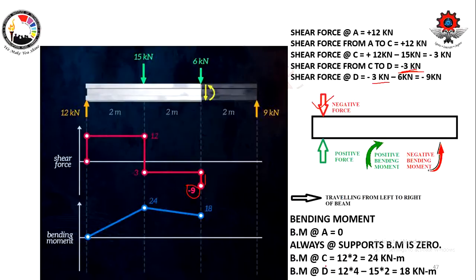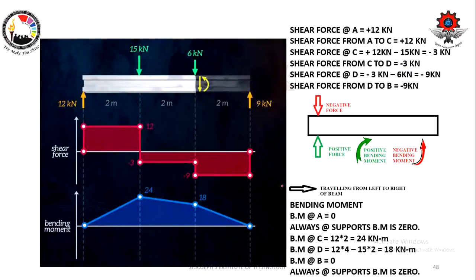Okay. What is the next step? We are going to complete the diagram now. Now shear force from D to B. Again, this is point D and this is point B. Between point D and point B there is no rate of loading, so it should be a horizontal straight line.